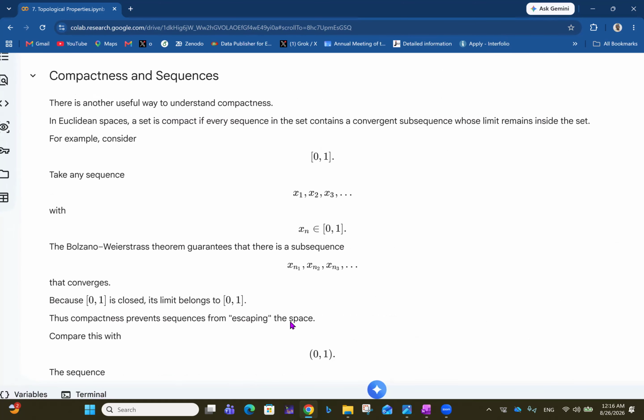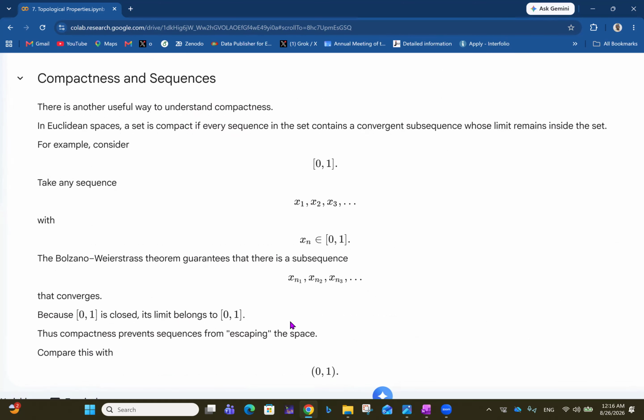So let's talk about compactness and sequences. There's another useful way to understand compactness. In Euclidean spaces, a set is compact if every sequence in the set contains a convergent subsequence whose limit remains inside the set. For example, consider the closed interval [0, 1]. Take any sequence x1, x2, x3, and so on in that interval.